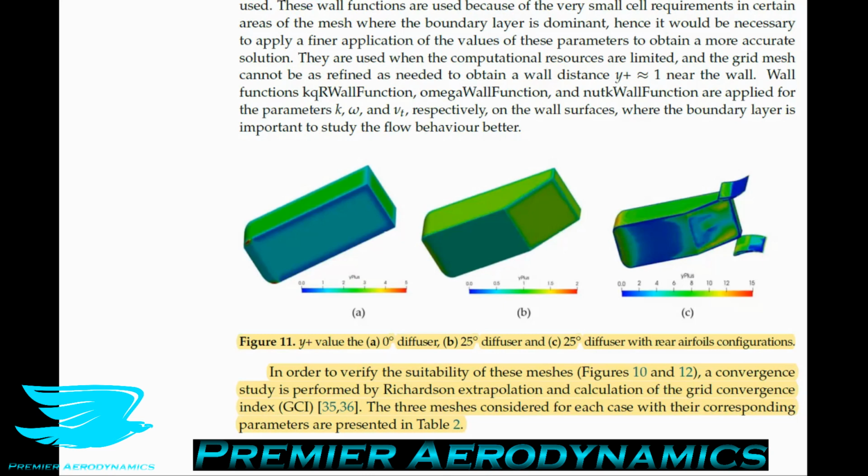If you get a Y plus value of 5 or 10, it means that there's information in this boundary layer that you're not really modeling properly. We'll talk about how to overcome this in a second. But ideally, you want to be able to resolve these little features in the boundary layers accurately. That way you have an accurate simulation. Here, they don't have a Y plus value of 1 or less.